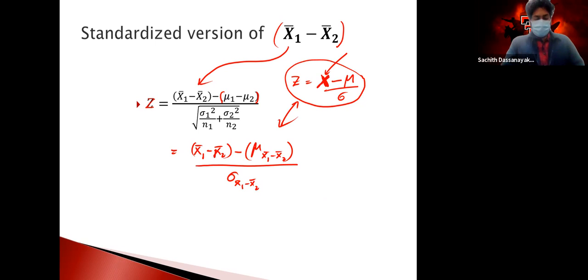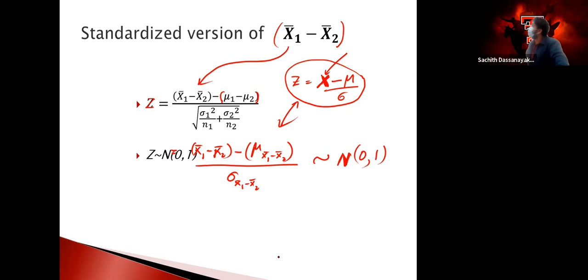So this capital C has a standard normal distribution, normal 0 1. Since it has a standard normal, you can use your C tables to deal with this kind of problem.